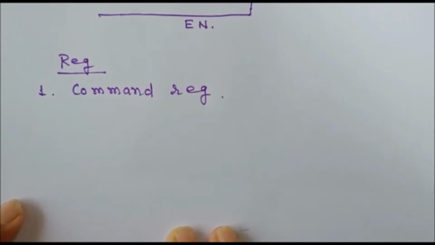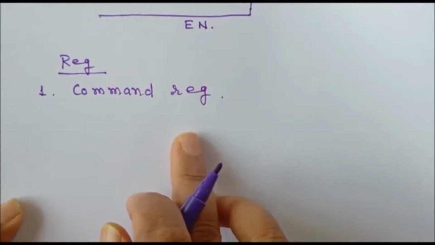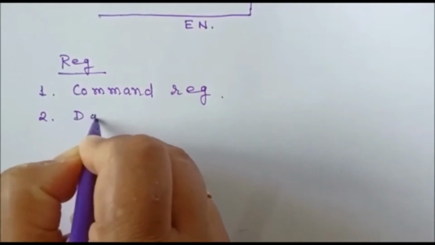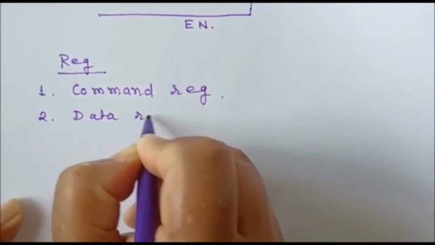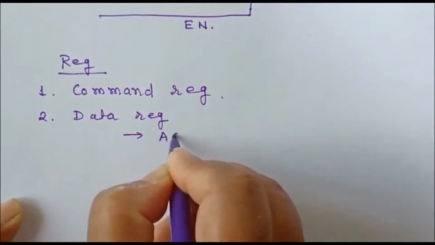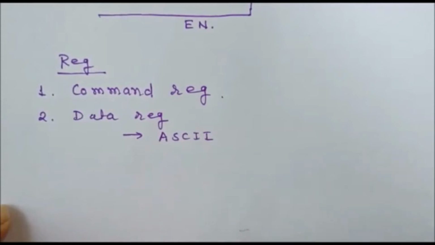Such type of commands can be stored in command register of LCD. And the second register of LCD is data register. In data register, user has to store the ASCII value of the character we want to display on LCD screen.